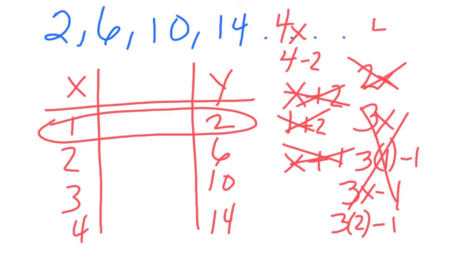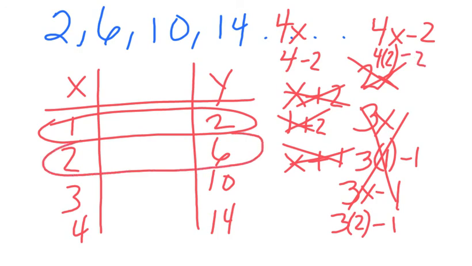So 4x minus 2. That works for the first one. Does it work for the second one? Well, 4 times 2 is 8. 8 minus 2 is 6. I'm starting to get excited because 4x minus 2 works for this one. Does it work for the third one? Let's see. 4 times 3 is 12. Minus 2 is 10.